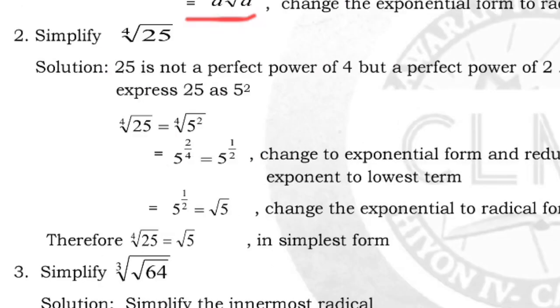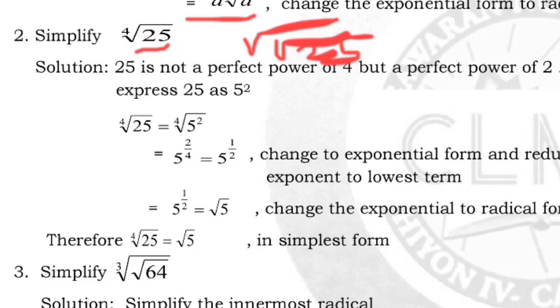Number 2, simplify the 4th root of 25. Since 25 is a perfect square, we can just reduce the index as the square root of the square root of 25. This is applying the nth root of the mth root of a is equivalent to the n times mth root of a.